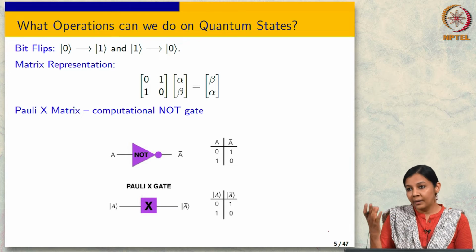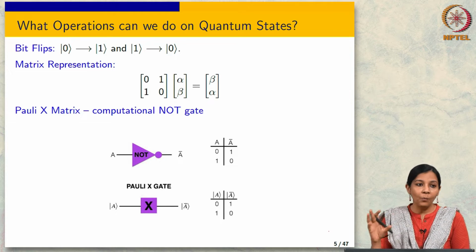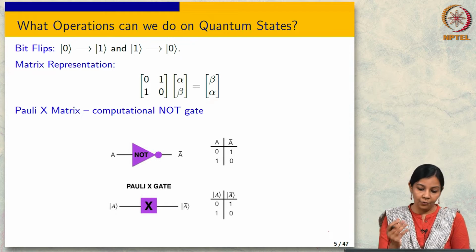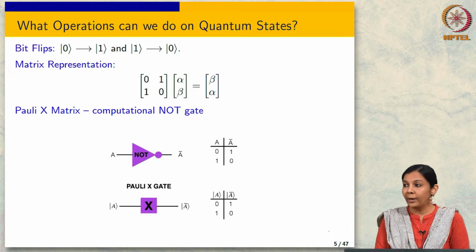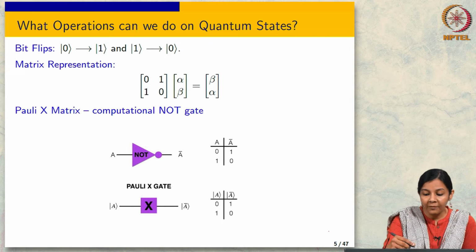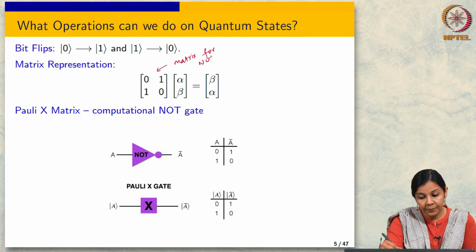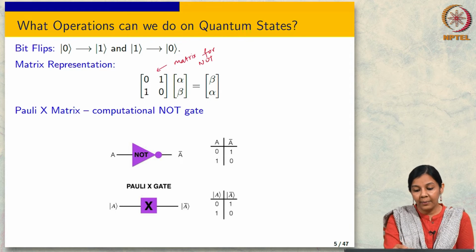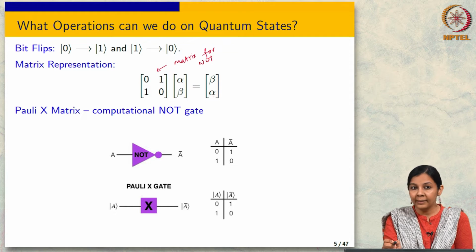So, here in the quantum setting, we also have a way to do it, and this is going to be via this matrix. As we can see here, if I have 0 1 1 0 applied to alpha beta, then this takes me to beta alpha, right.